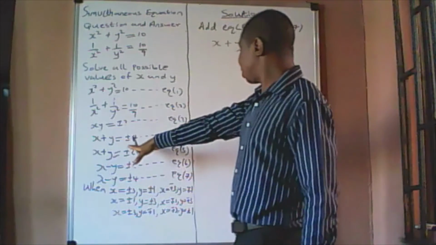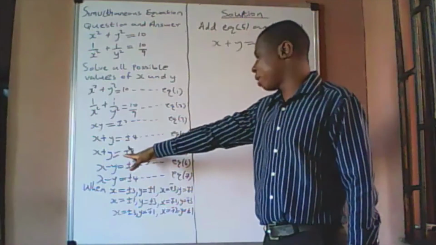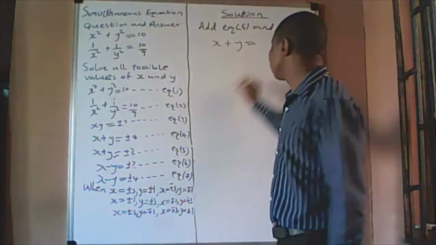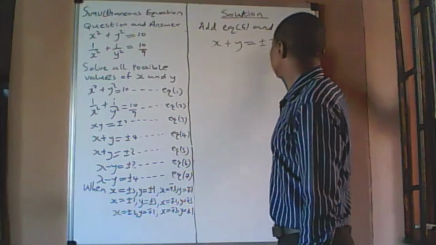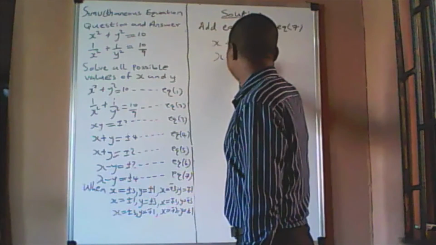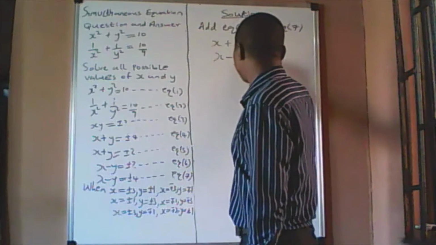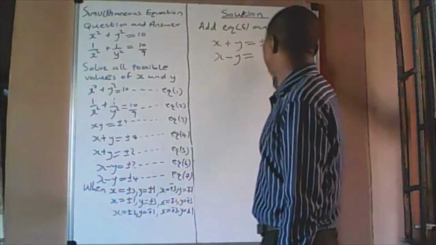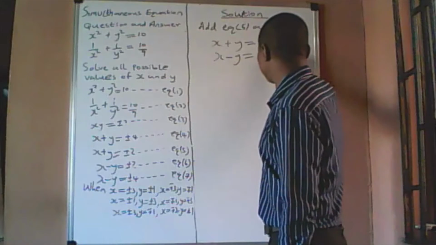Now let equation 5 remain plus or minus 2, and then x minus y equal to, it did not change, minus or plus 4.